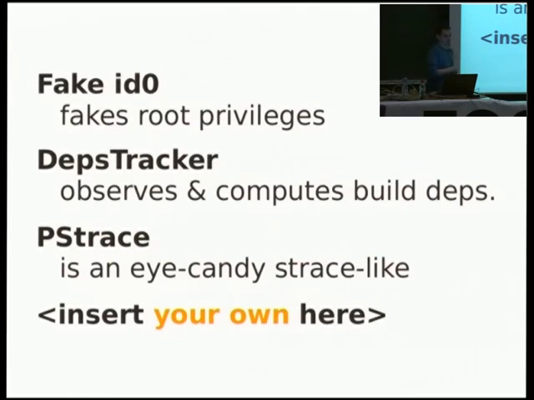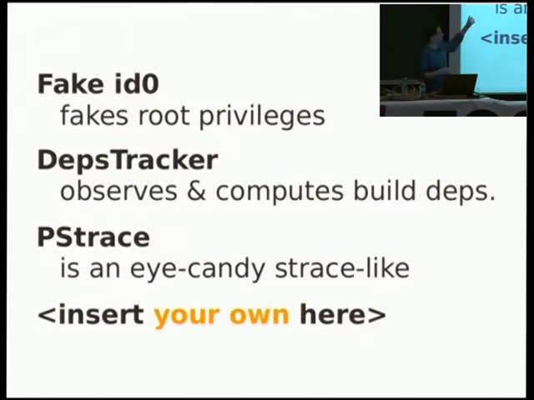DevTracker, this is a tool based on proot. Just like CARE, it observes the execution. However, it doesn't produce an archive, it produces a dependency graph. So, for instance, if you have a build system broken when you try to build in parallel, you can just run this build system sequentially with DevTracker.